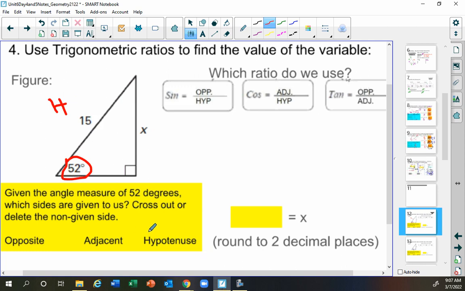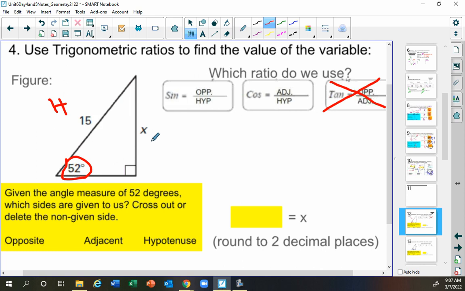So we have a hypotenuse. So right away, which ratio will we not use? Yeah, we're not going to use the tangent. That's out of the game. Because since we have a hypotenuse, don't use tangent. Now it's down to a sine or cosine.